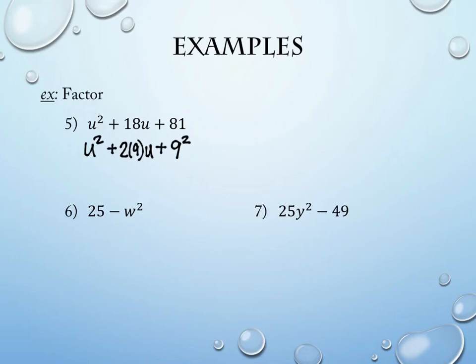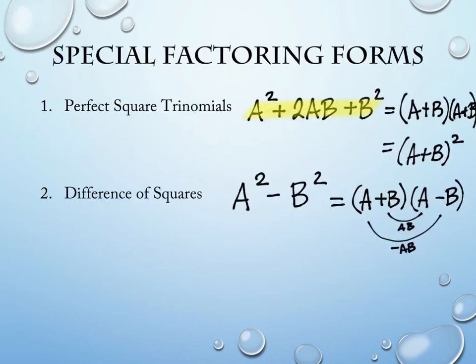So if we notice this pattern, it means I can factor this as u plus 9 times u plus 9, or we can write it as u plus 9 squared, because it fits the pattern of a perfect square trinomial.